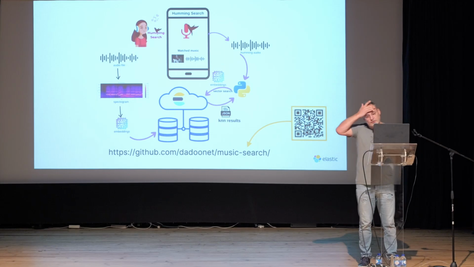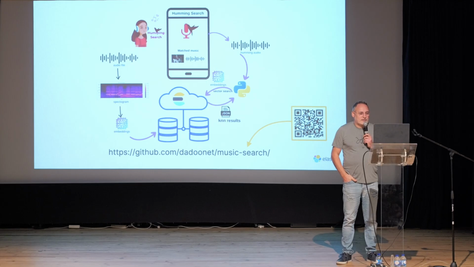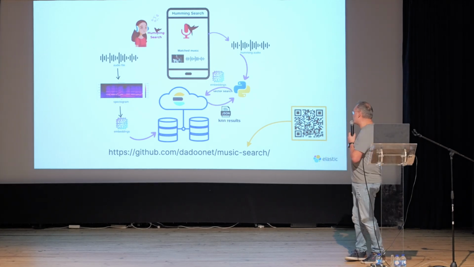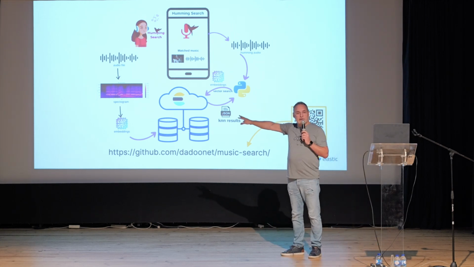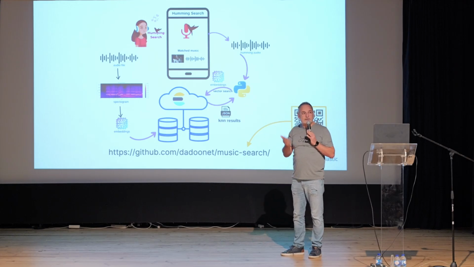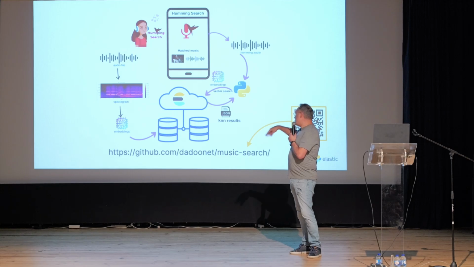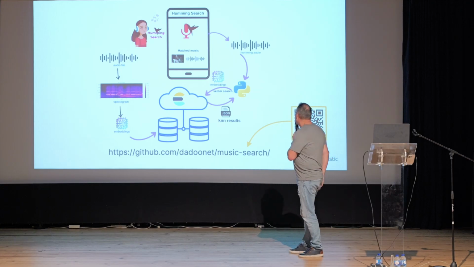But that's a way for me to introduce the demo. So I have on my laptop some audio files, and those audio files are on the left here. I'm going to run a machine learning model on each audio file that I have on my laptop, and I'm going to generate the vector representation of my audio files. Exactly what I mentioned during the talk, right? With all those vectors, I'm going to store them in the best database ever, which is Elasticsearch. Of course, I work at Elastic, by the way.